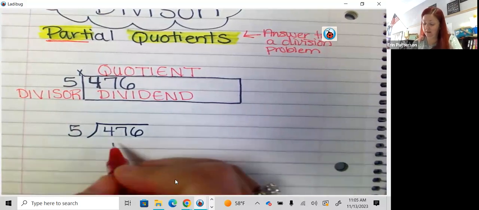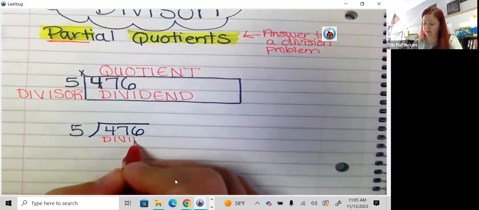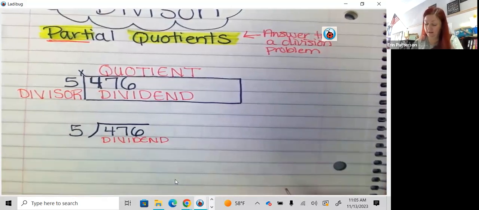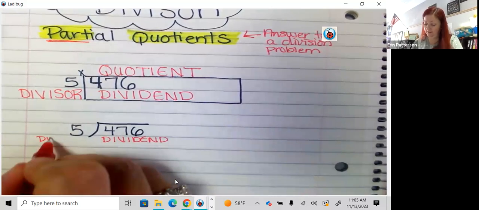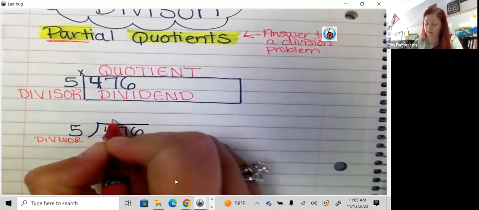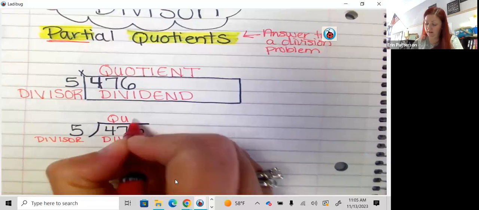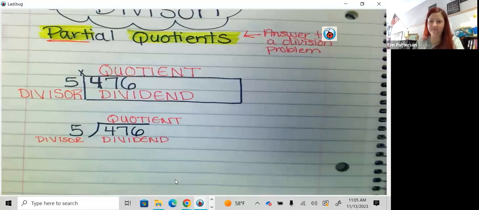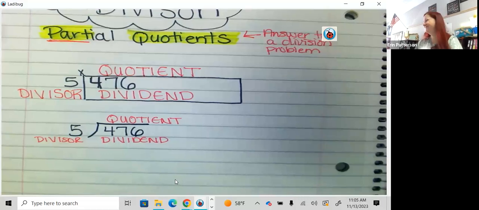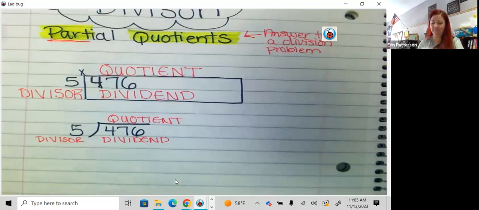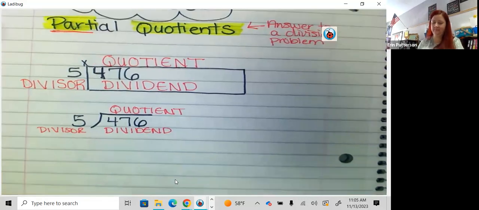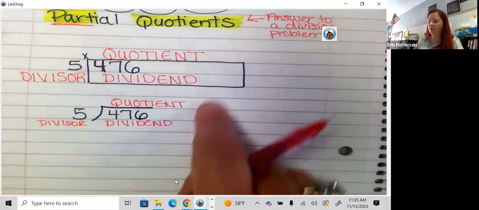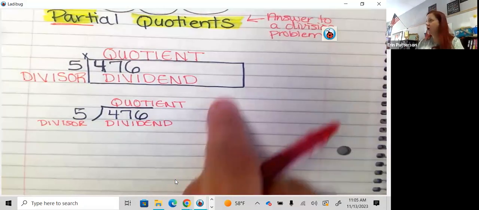But this is still the dividend. This is still the divisor. And this answer up on the top that we're going to get is still the quotient. We will use these two to solve and show our work.